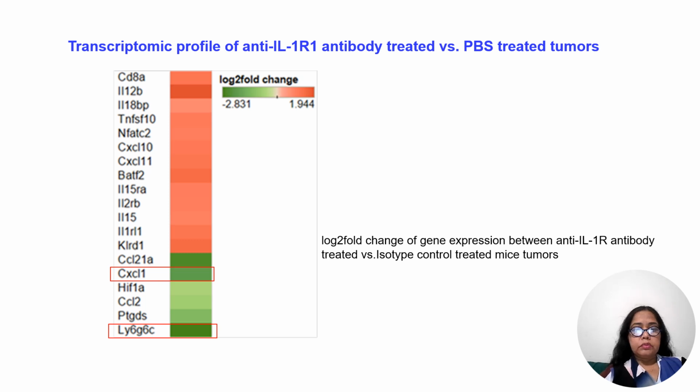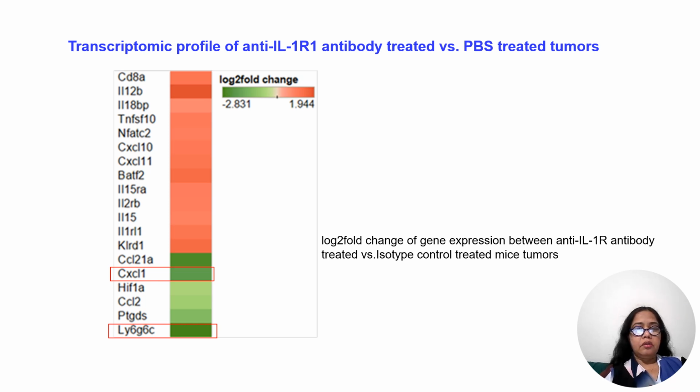Next we performed transcriptomic. So this is bulk RNA-seq data, and you can see here interleukin-1 receptor blockade antibody induce more CD8 T cells, and T cell related cytokines like interleukin 2, and also when we block interleukin 1 pathway, there are more interleukin 12, chemokines CXCL10, CXCL11.